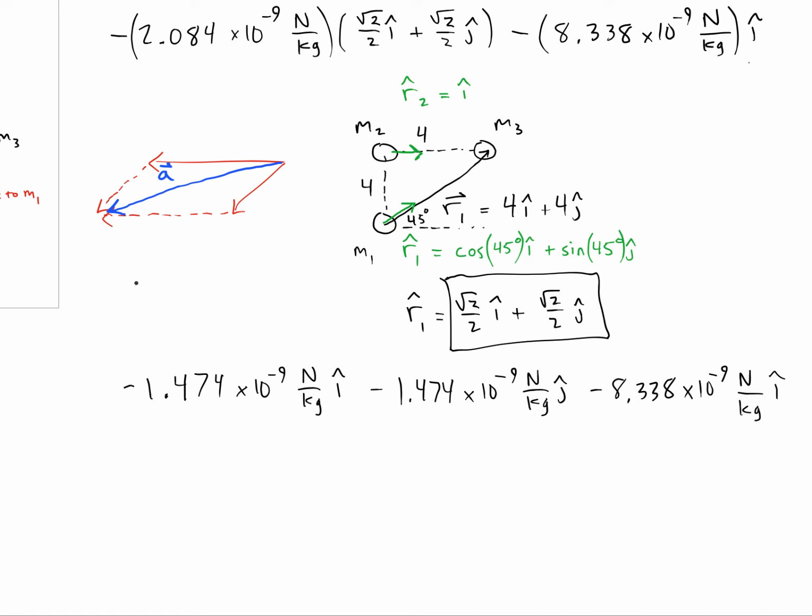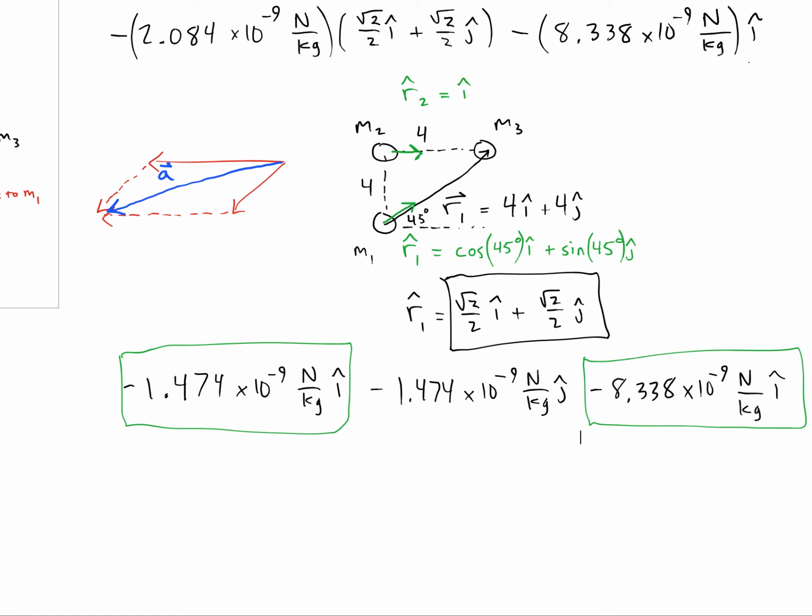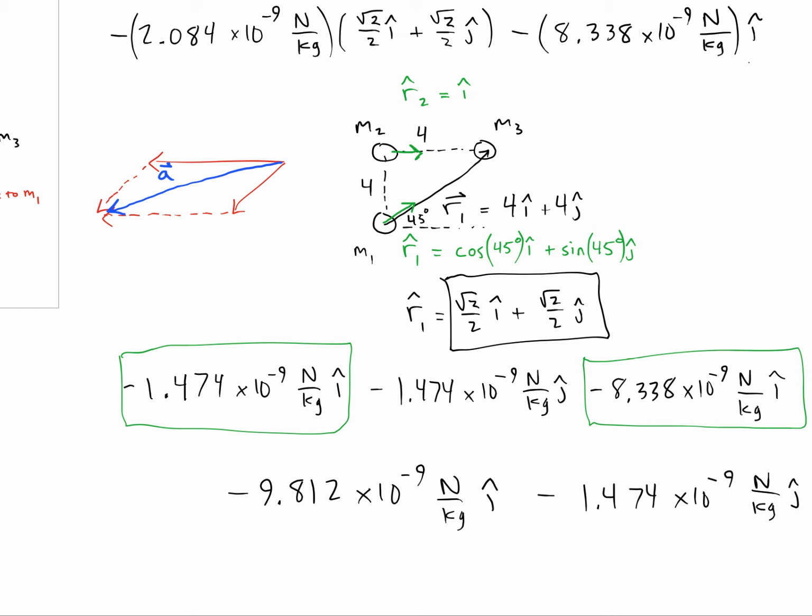Alright, now we can do the last step, which would be to combine the like terms. These are both x direction components, so we should combine them. Looks like negative 9.812 times 10 to the minus 9 newtons per kilogram I minus 1.474 times 10 to the minus 9 newtons per kilogram J. That would be the total gravitational field, it's called, at M3.